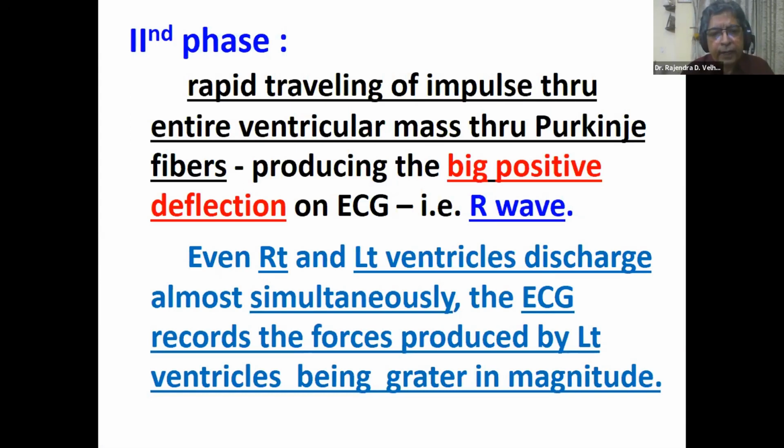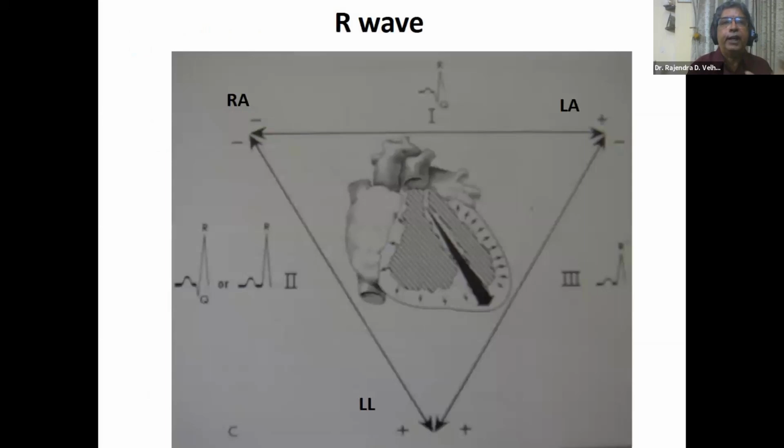Both ventricles depolarize simultaneously, but the machine will record only the electrical forces produced by the left ventricle because they are greater in magnitude, as the left ventricular mass is 2 to 3 times thicker than the right ventricle. So the depolarization of the entire ventricular mass brings about the big positive deflection on the ECG. That is the first positive deflection after the Q wave, the formation of the R wave.